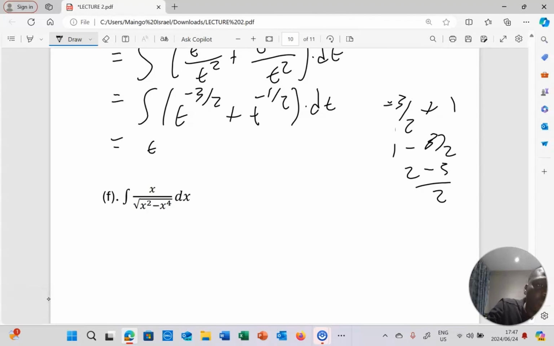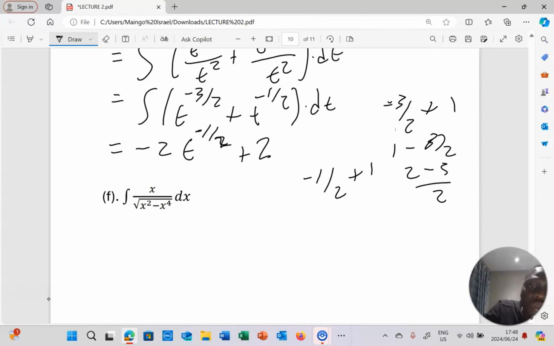It means we'll have minus 2t^(-1/2), then plus, here we add 1 again: minus 1/2 plus 1 is 1/2.